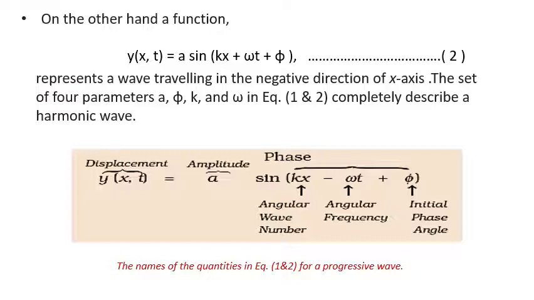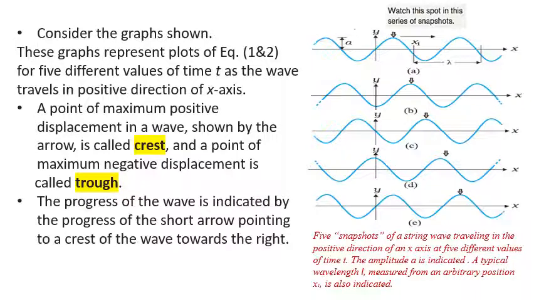Here, y, a function of x and t, represents the displacement, a denotes amplitude, and kx minus omega t plus phi denotes phase, where k is the angular wave number, omega is angular frequency, and phi is the initial phase. To understand the definition of the quantities in equations 1 and 2, consider the graphs shown here.